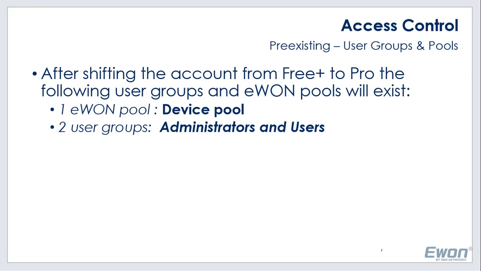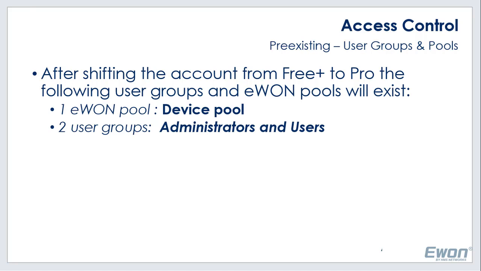When a Talk2M Free Plus account becomes a Talk2M Pro account, all the existing E1s are put into a single E1 pool called devices. The existing users are divided into two user groups. Users who were administrators on the Talk2M Free Plus account become members of a new administrators group.